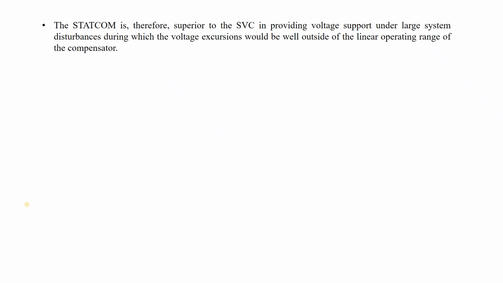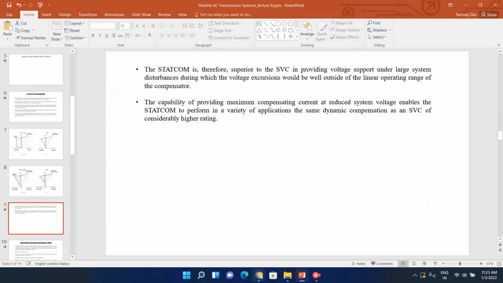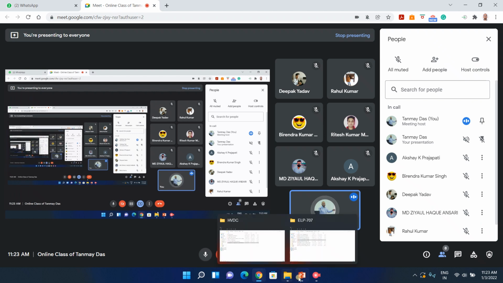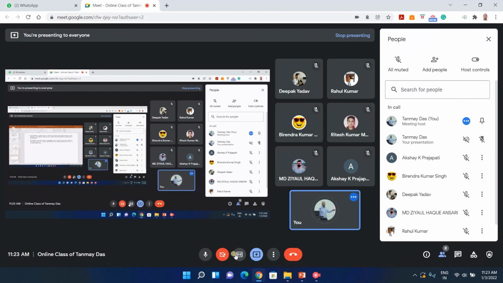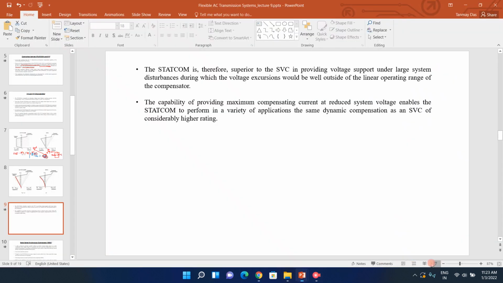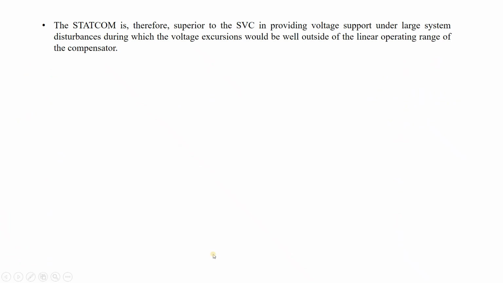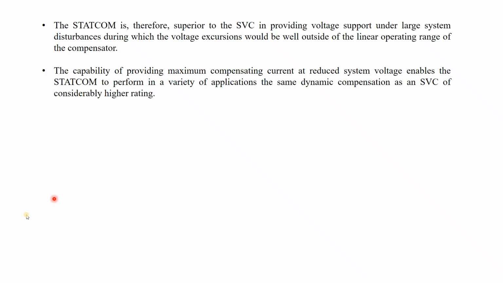The system voltage may collapse, or there is an outage of the line, so the voltage will fluctuate. Even under such contingent conditions, the operation of the STATCOM will be uninterrupted because of its flexibility and better performance, but the SVC will fail to do so.